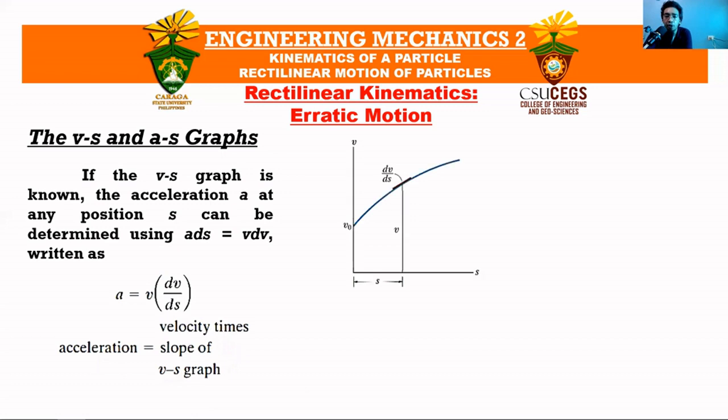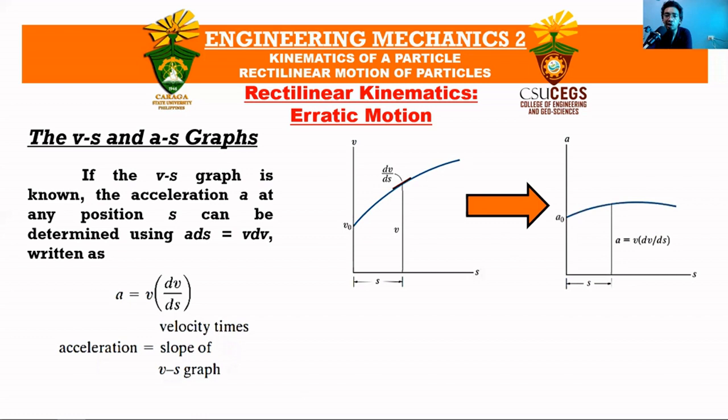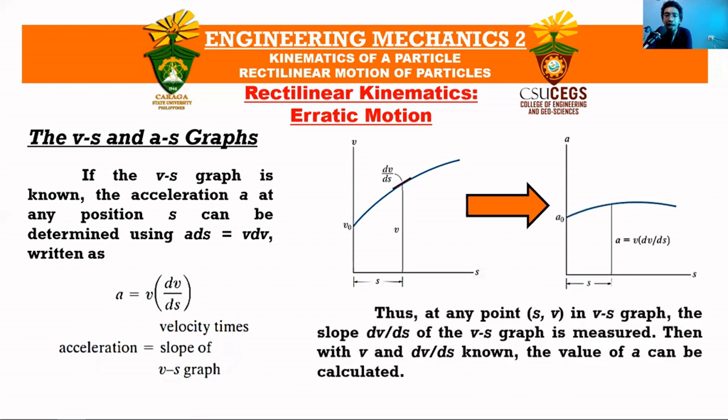So if this is your VS graph, you can construct the corresponding AS graph, and at any point in your VS graph, the slope dV over ds is measured. Then with V and dV over ds known, the value of your acceleration can be calculated.